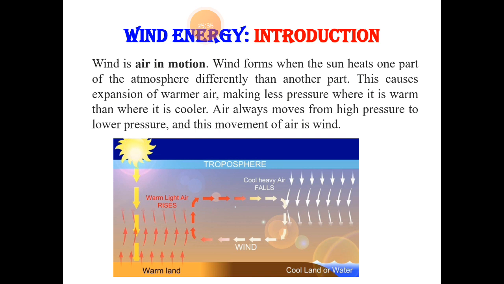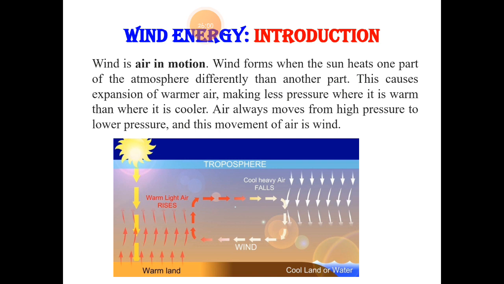Moving air is generally called wind, or air in motion is called wind. Wind is formed when the sun heats one part of the earth. It causes the air to expand as the air gets warmed. So the air after warming rises up.